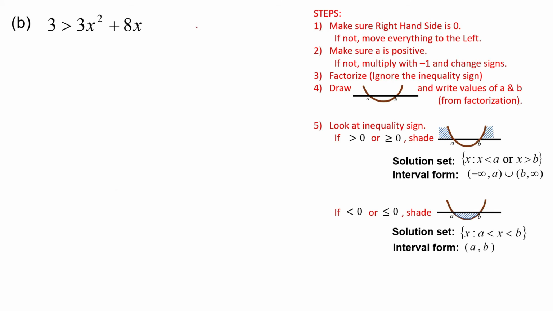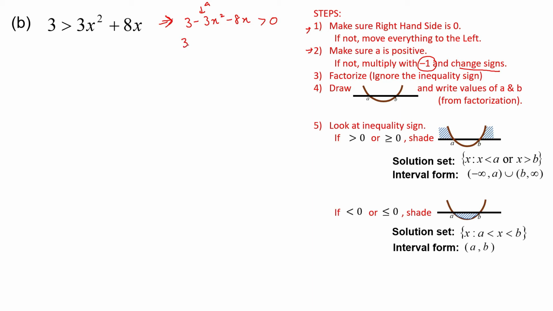Next question. First step, make sure right hand side is 0, but now it's not 0, so we have to move everything else to the left. After you have moved everything else to the left side, what you get is something like this. Next step is you have to make sure a is positive, but our a here now is not positive, so we have to multiply with -1 and change signs.